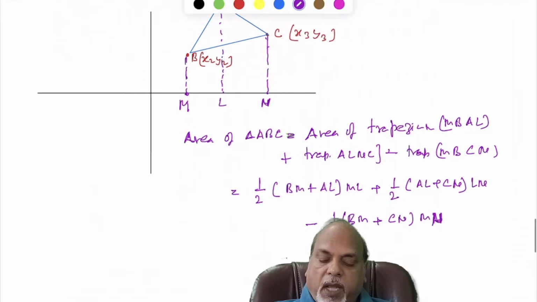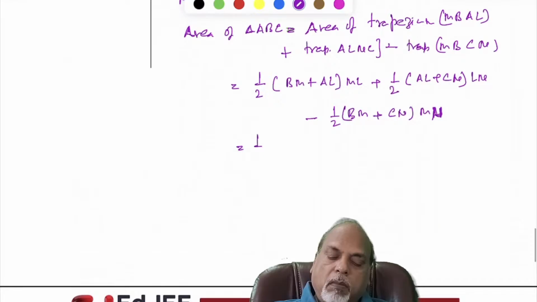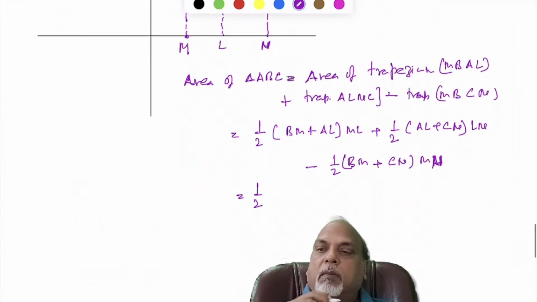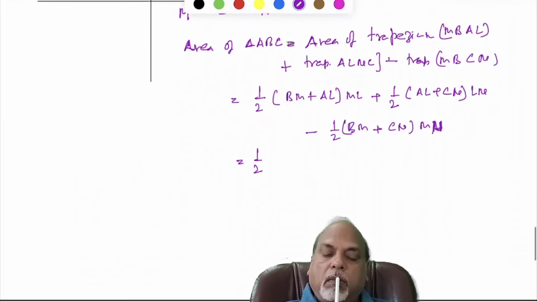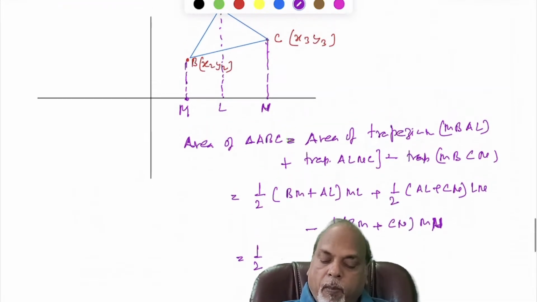Now, what is BM? BM is nothing but y2 plus AL is nothing but y1.